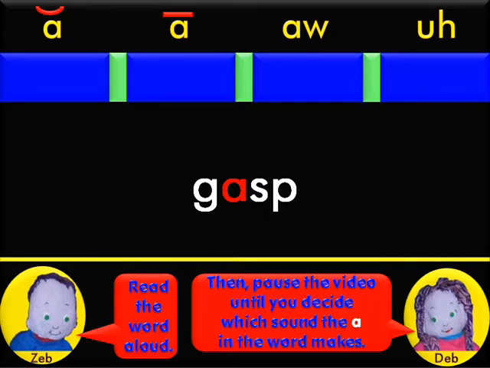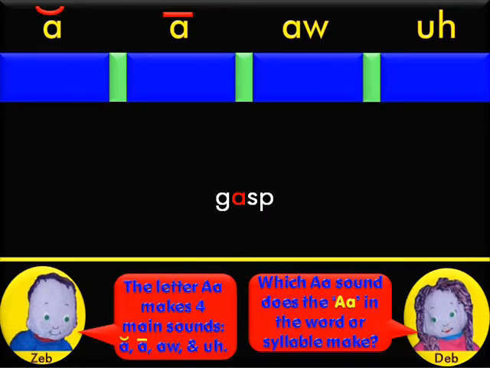Repeat after me. Gasp. Which slot does it float into? Pause the video until you figure it out. Read the word with me. Gasp. Which slot does it float into?